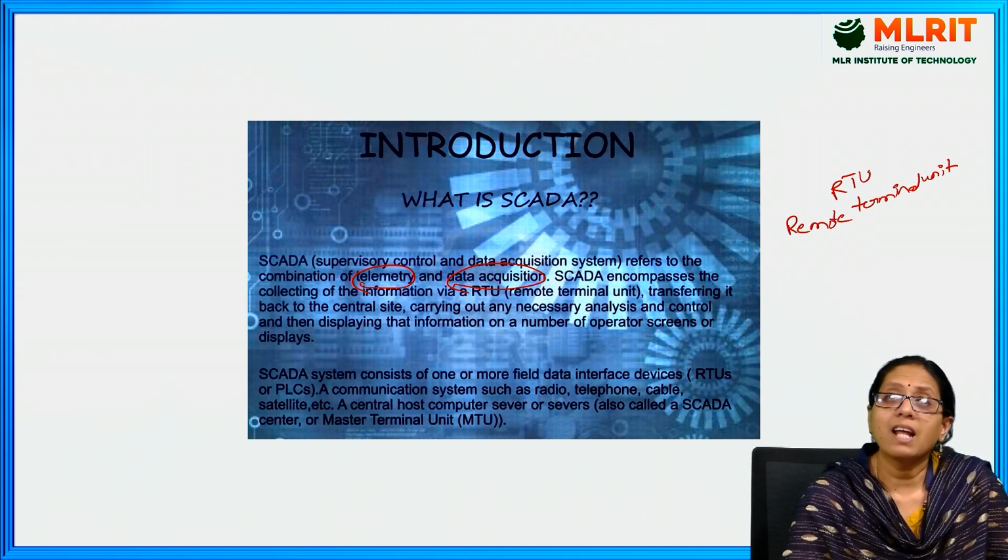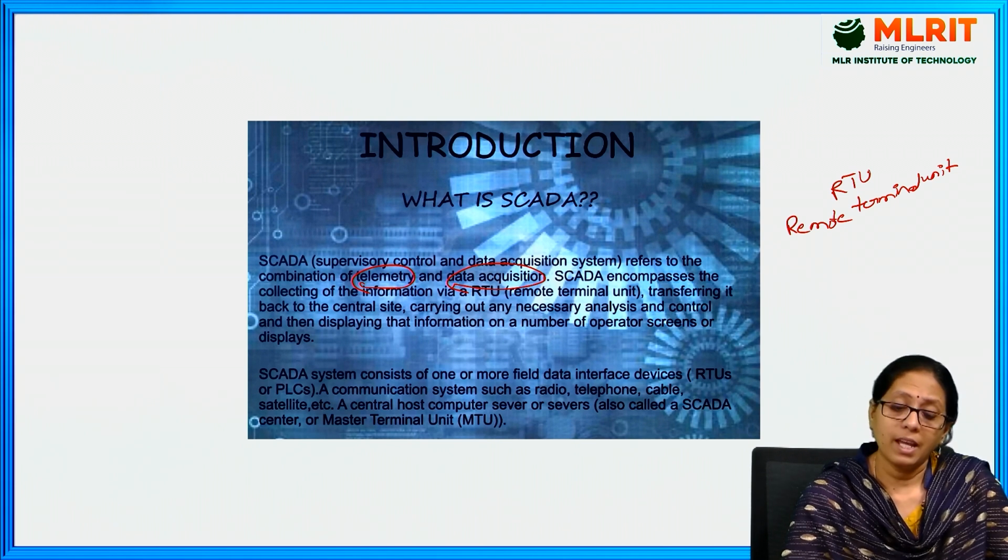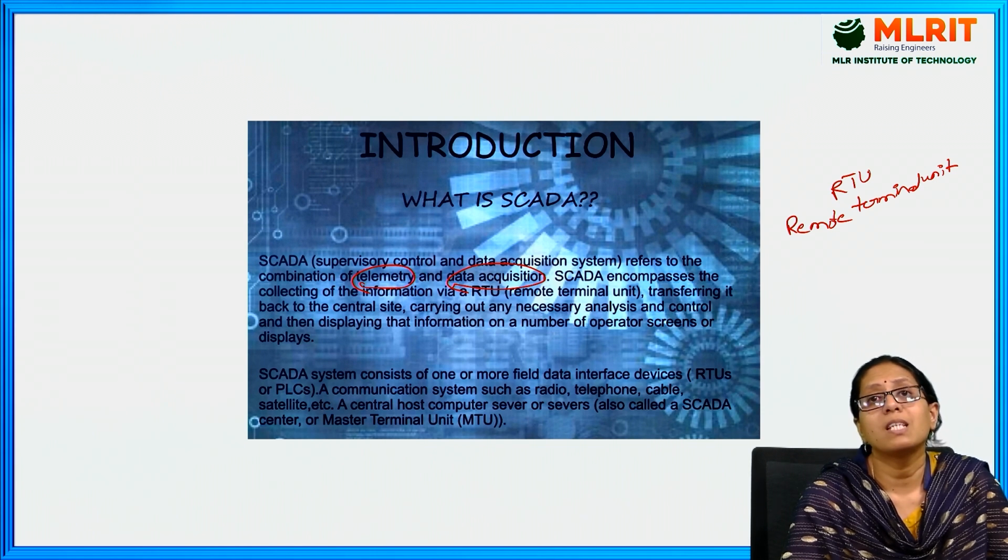The Scada system consists of one or more field data interface devices. Different devices need to be used for operating the Scada system, like different types of RTUs as well as PLCs. A communication between these RTUs and PLCs is also needed.